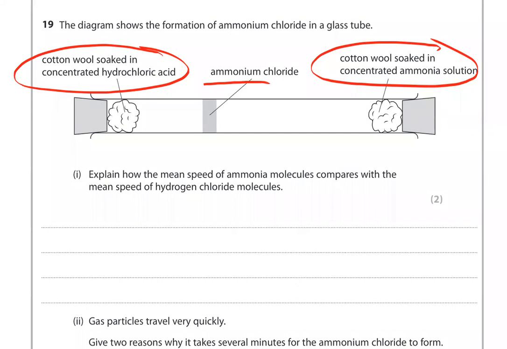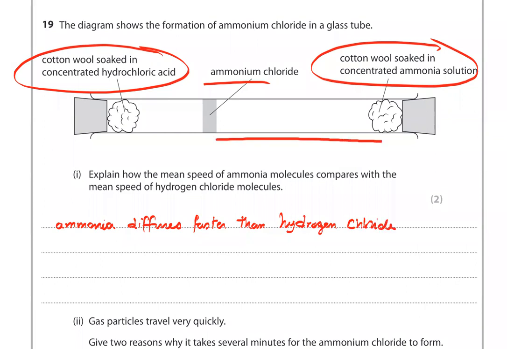Explain how the mean speed of ammonia molecules compares with the mean speed of hydrogen chloride molecules. Surely ammonia diffuses faster, meaning it has a higher speed. Ammonia diffuses faster than hydrogen chloride. And how do you know from the diagram? Because ammonia molecules traveled further.